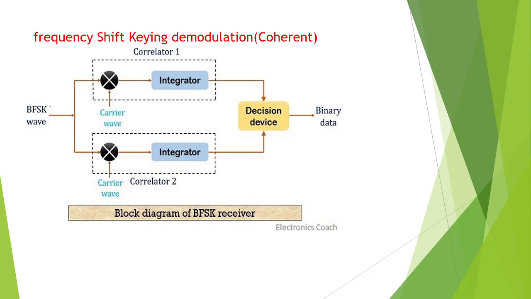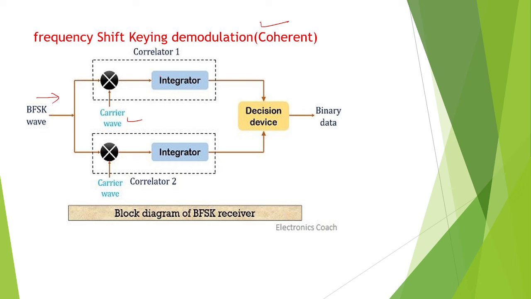While demodulating, there are two integrators and a decision device is required. Here there is coherent detection. Of course, non-coherent is also there. Again, the FSK signal is connected here, and carrier 1 and carrier 2, the two signals, we are using again.